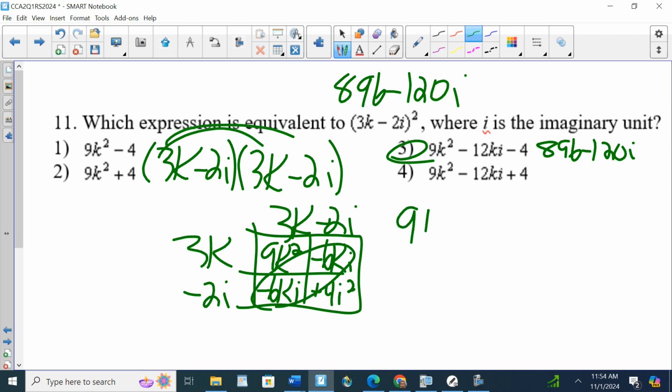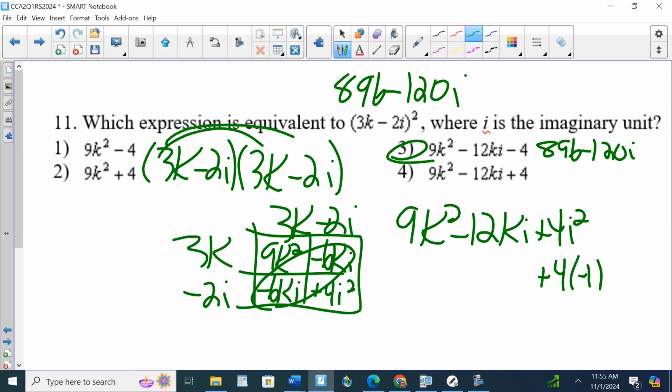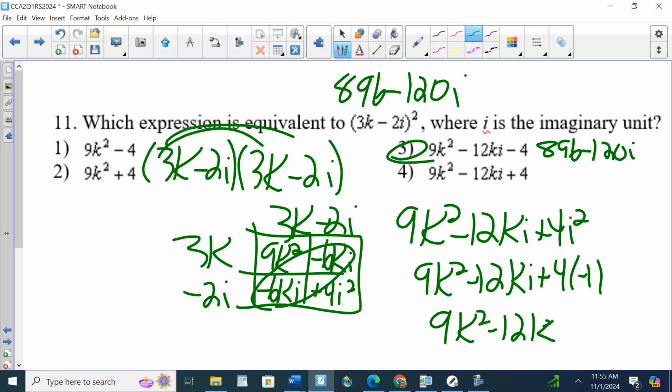When I combine like terms, I get 9x squared minus 12xi plus 4i squared. I replace i squared with negative 1. I multiply that negative 1 through. Positive 4 times negative 1 is negative 4. And that's my answer.